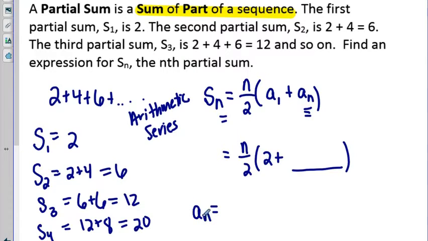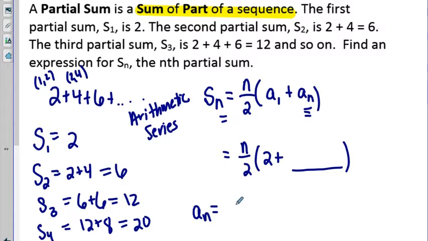So the equation of this particular line, if you want to think of it that way: the first term is 2, so it's like the point 1 comma 2, and the second term is 4, so it's like the point 2 comma 4. Or you could think of this as the 0 term and the first term, whatever works for you.